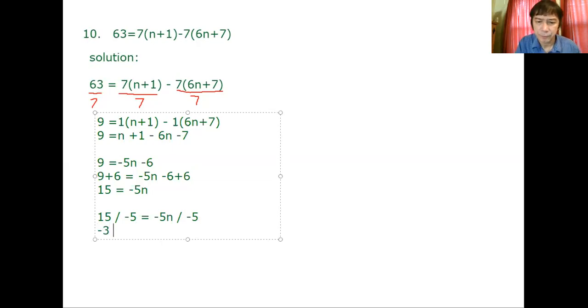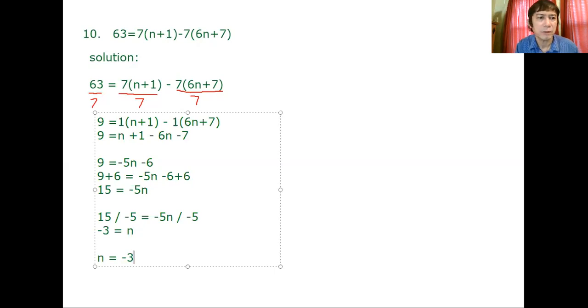And this is equal to just n. Now, -3 equals n, we don't usually write it that way. So we're going to arrange this using the symmetric property of equality. This must be n equals -3. So our final answer is -3.